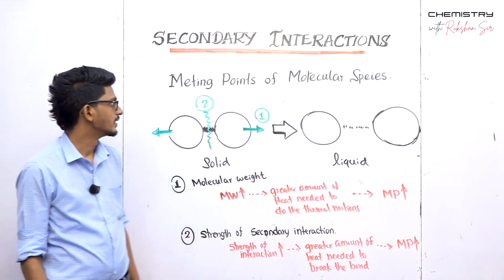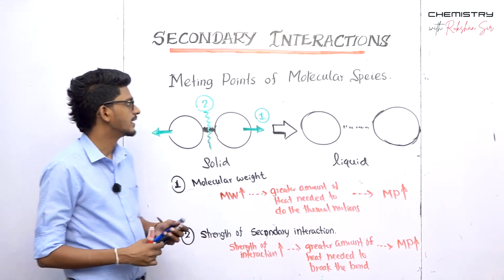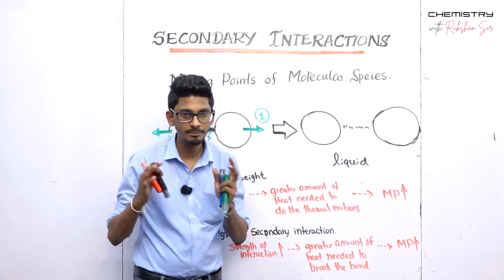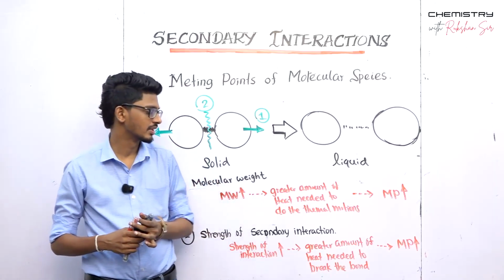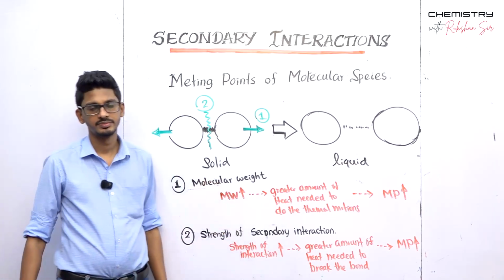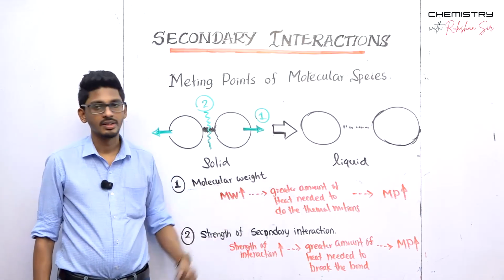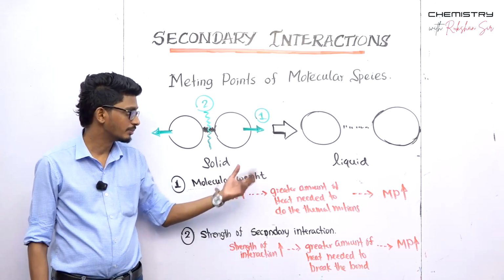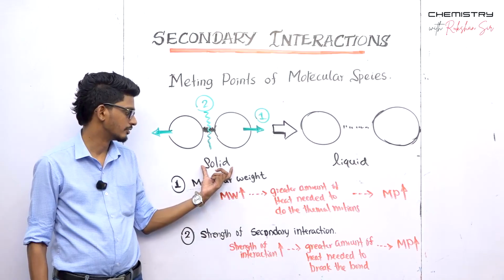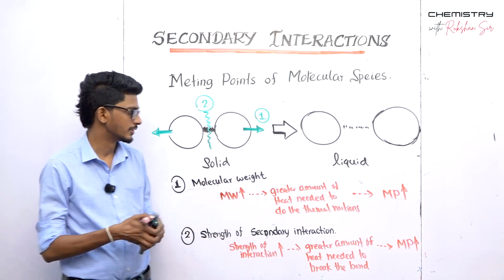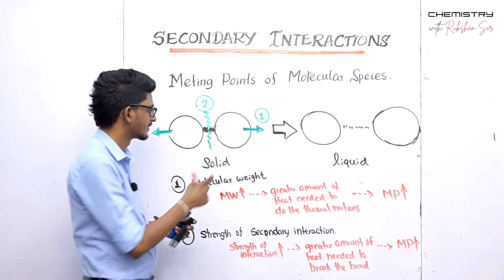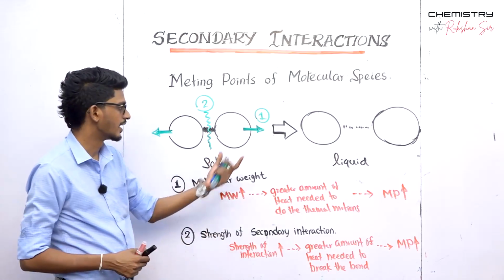Right? So when we are trying to compare the melting points of molecular species, these two things matter. The ones with greater molecular weights will have greater melting points as well as greater boiling points. If you need to convert liquid to gas, that is the boiling point.